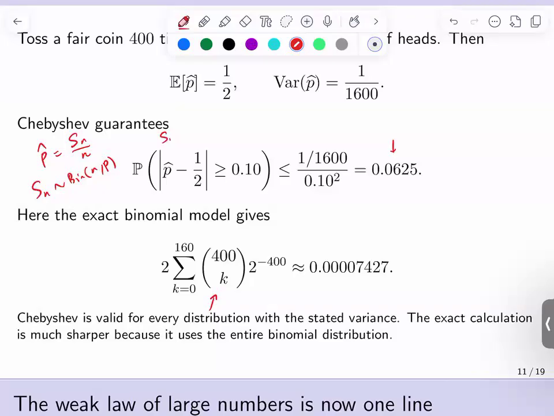So you just plug in here and then multiply. So this event is really Sn minus n over 2 bigger than or equal to 0.1 times n, right? So this would be Sn minus 200, since n is 400, bigger than or equal to 40, right?